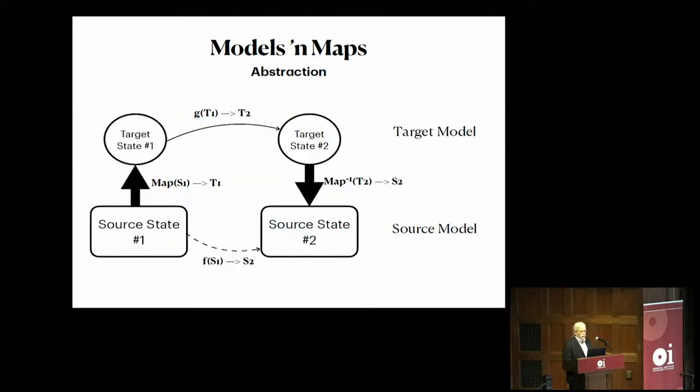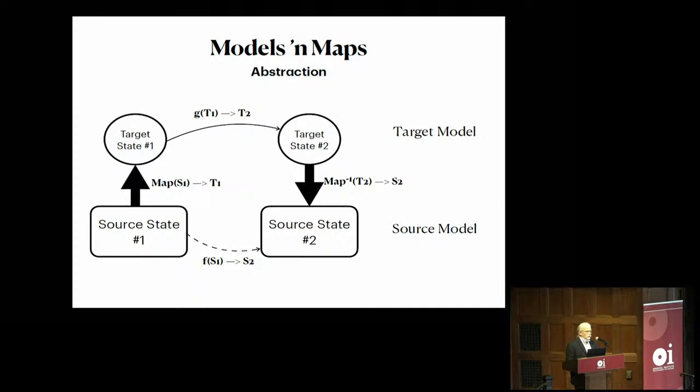So what's going on here, on the abstract level, is we're doing a mapping between 2 models. We have a source state, state 1, and in the case I just showed you, that's my position in Korea. And we have a target state, state 2, which is the world of colors and ordinal numbers. I have a map that tells me how to get from my source state to my target state.